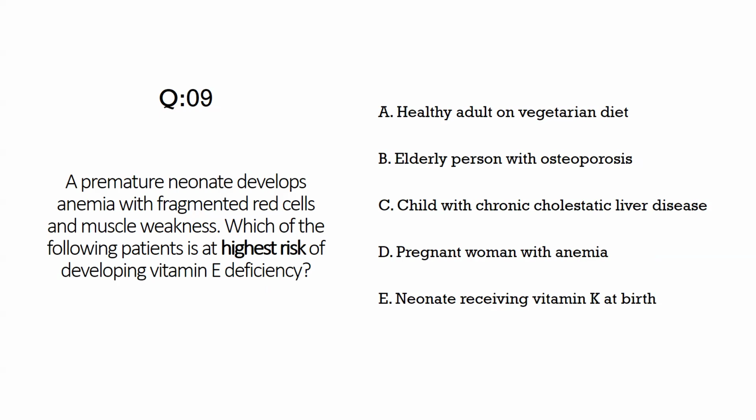Option D, pregnant woman with anemia. Option E, neonate receiving vitamin K at birth. C is the right answer, as we discussed the risk factors of vitamin E deficiency, so we studied the cholestatic liver disease in that slide.